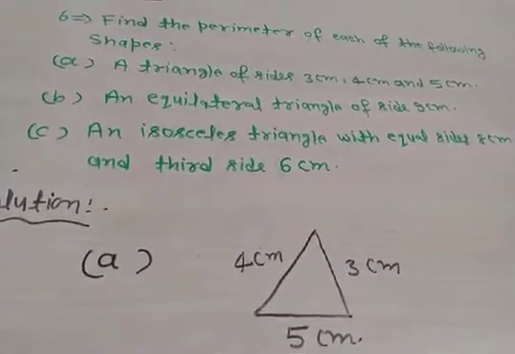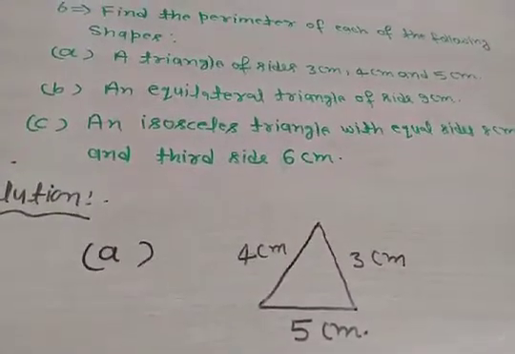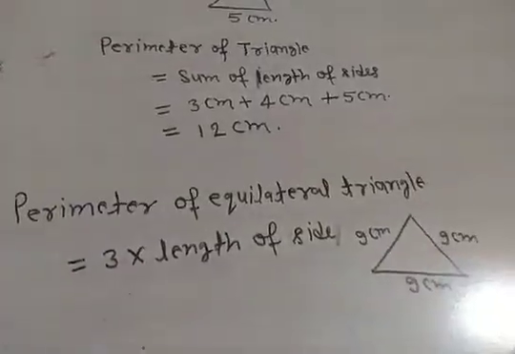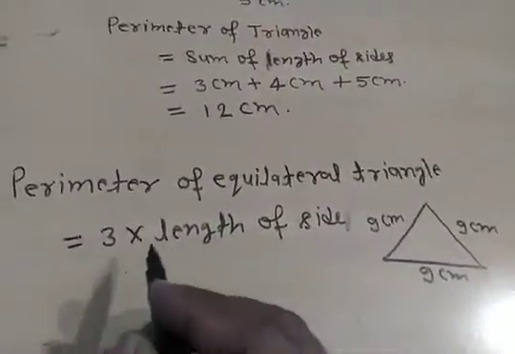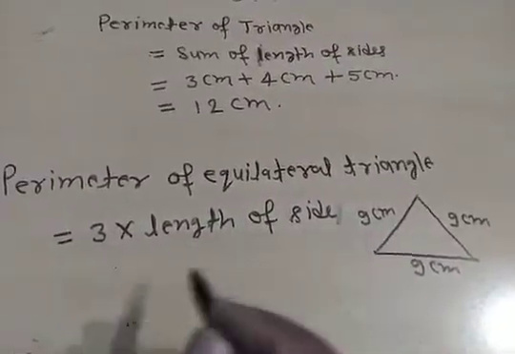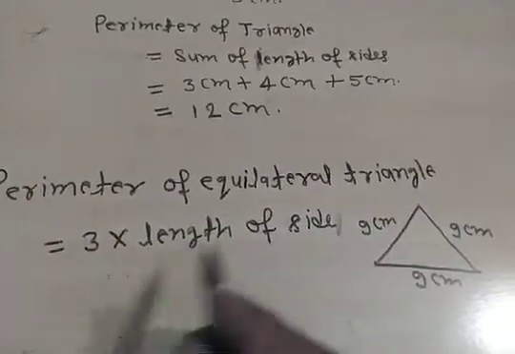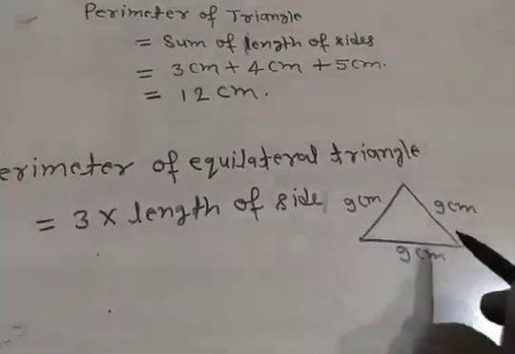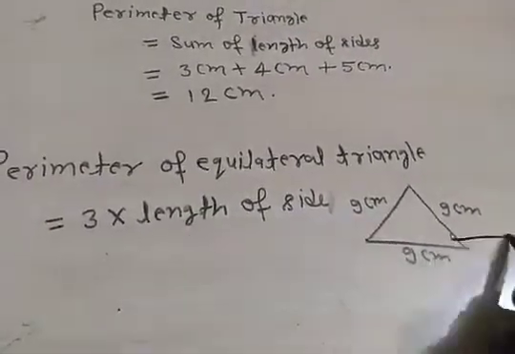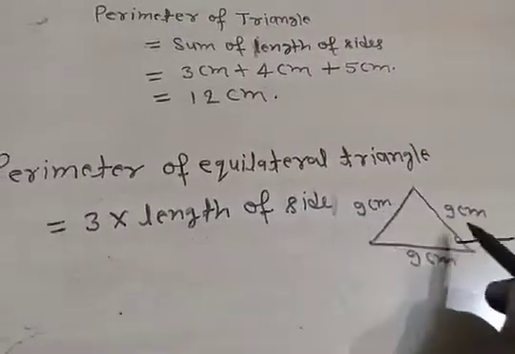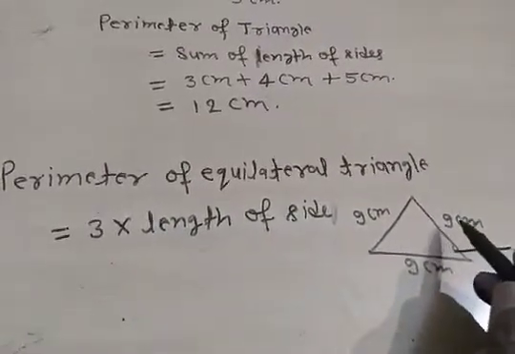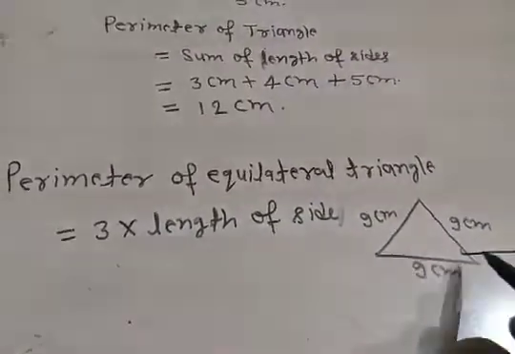The perimeter of an equilateral triangle is equal to 3 into the length of side. You can see this is an equilateral triangle, each side is equal, so each side is 9 centimeter.